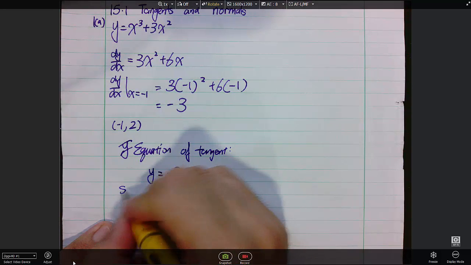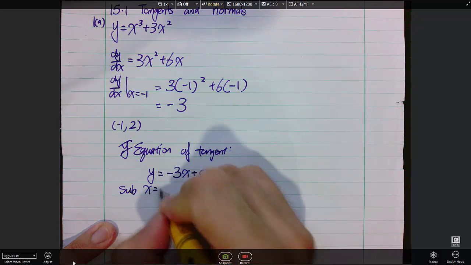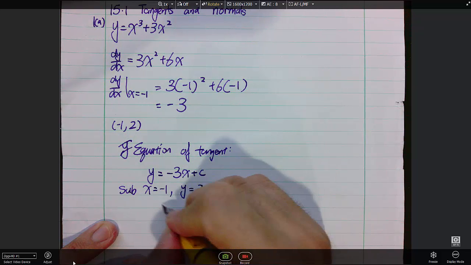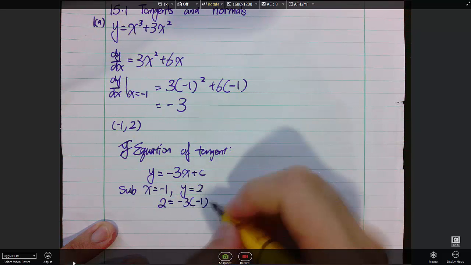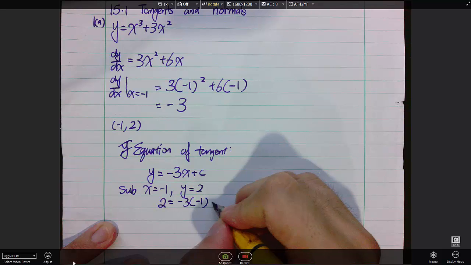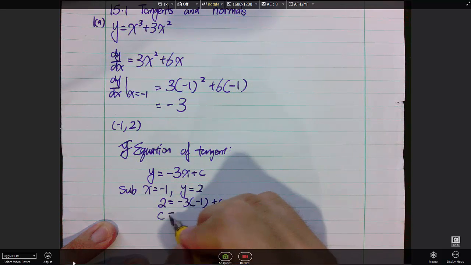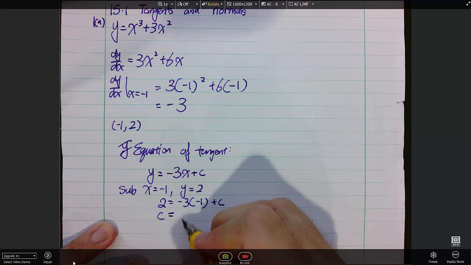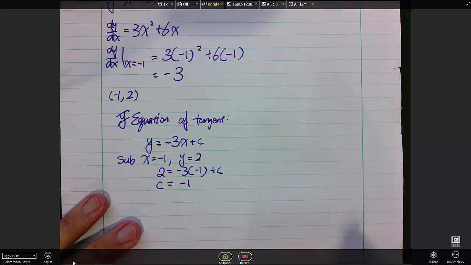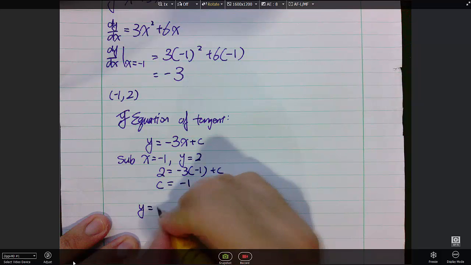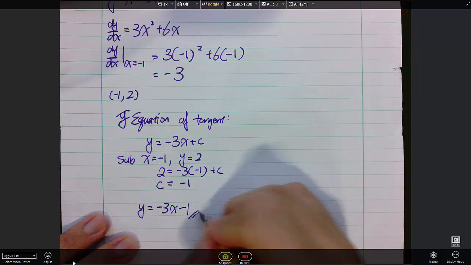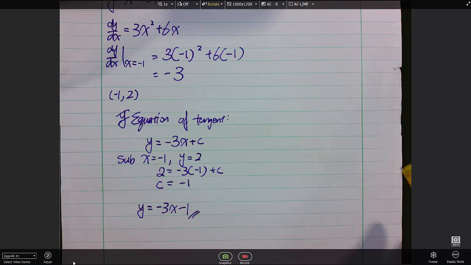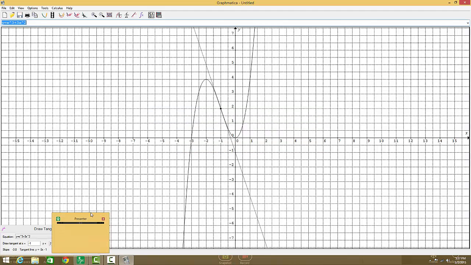I simply substitute x equals -1, y equals 2. 2 equals -3 times -1 plus c, so c will be equal to -1. Therefore, my equation of tangent is y equals -3x minus 1. Quite easily done for question 1a. Let's check if my answer is correct, and if you notice from down here, y is indeed equal to -3x minus 1. So the calculation is correct.